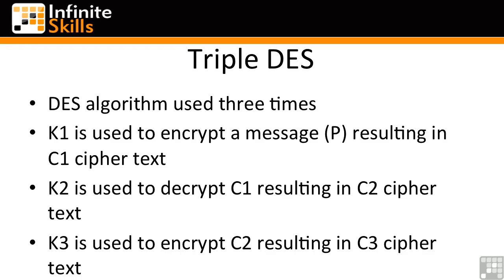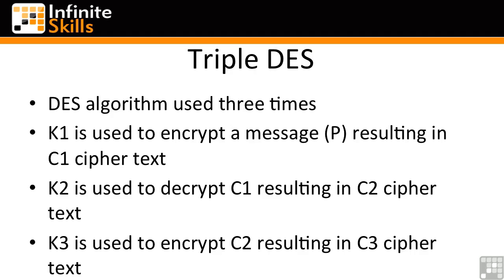And what I mean by that is we take a plain text message, and let's call that P, and we're going to use a key that we'll call K1 to encrypt the message, and that's going to result in ciphertext, and we'll call that C1.